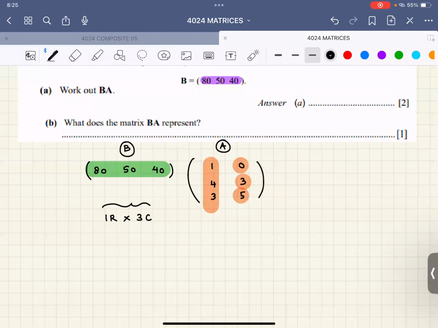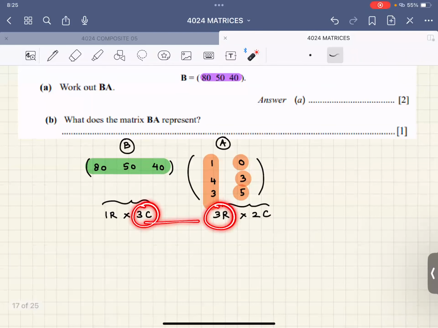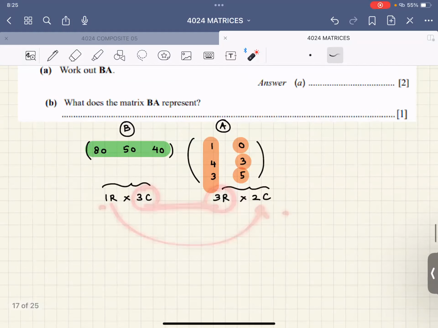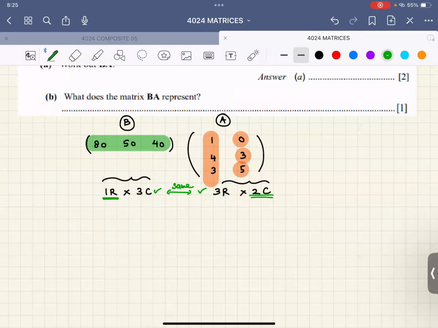This is for matrix A. Since these two are exactly the same, the answer would be 1 row and 2 columns. So the answer would be this, that is 1 row and 2 columns. These two are exactly the same, so multiplication is possible. Always double check this.